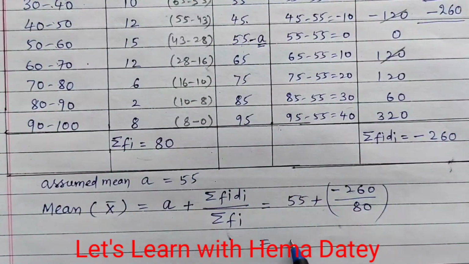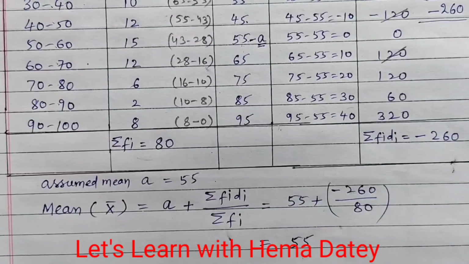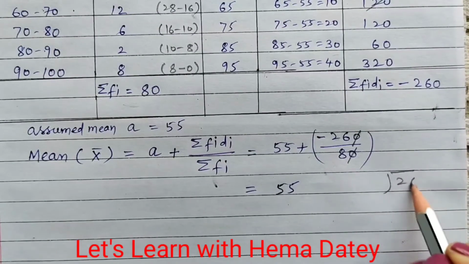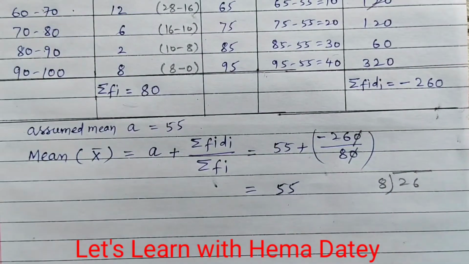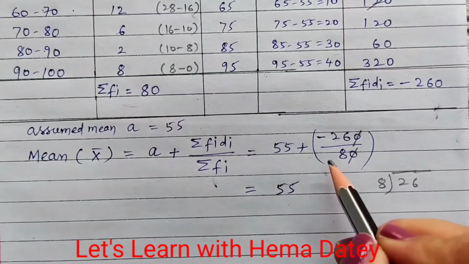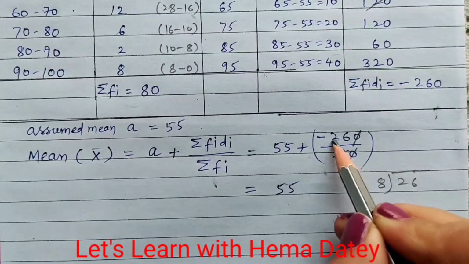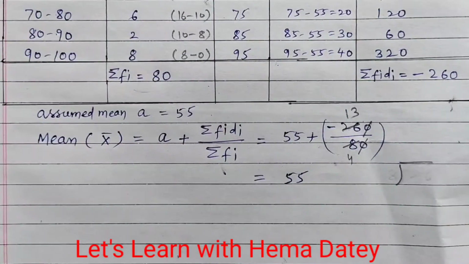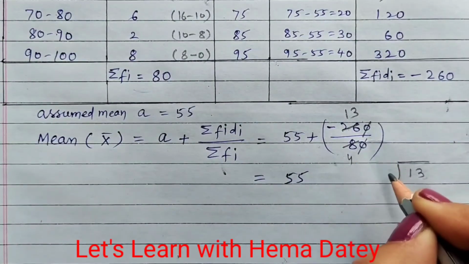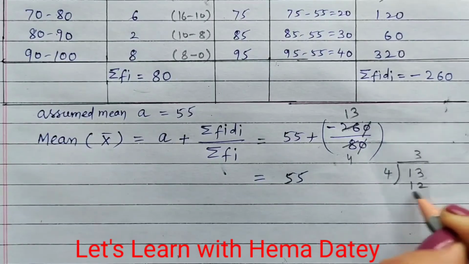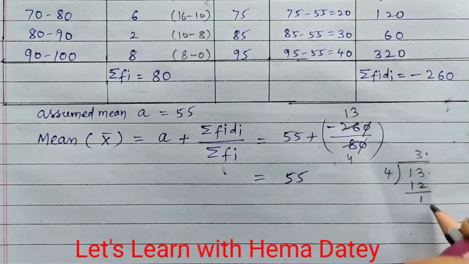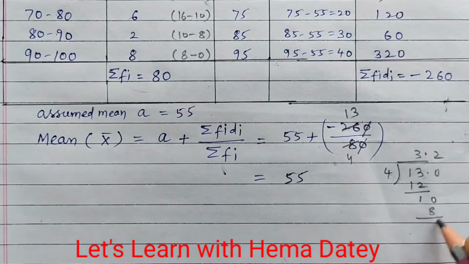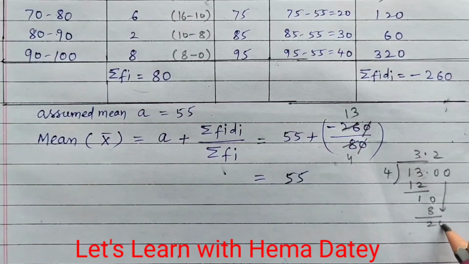We can cancel 0 with 0. We will divide 26 by 8, or we can cancel: 2 4s are 8, 2 13s are 26, and we will divide 13 by 4. 13 divided by 4: 4 3s are 12, 1, 4 2s are 8, and 4 5s are 20.